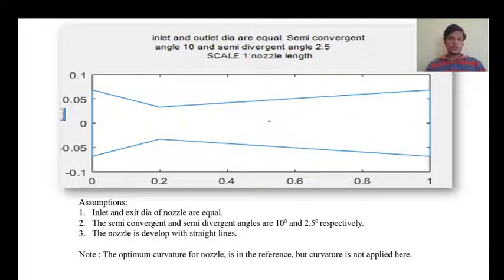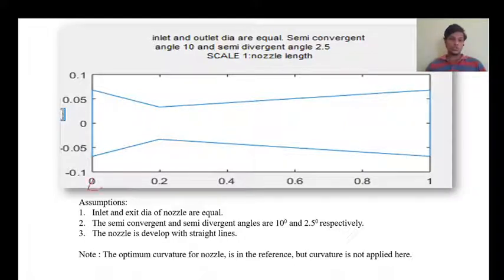And this is how our nozzle gives output, and the two-dimensional plot is the area ratio contour. We can see the throat area is approximately 0.1 as per our design, and the length of the nozzle is normalized from 0 to 1.